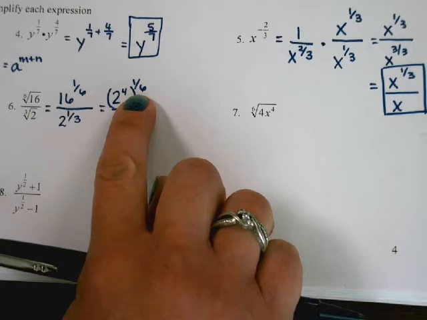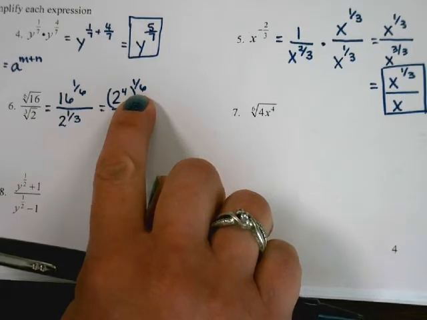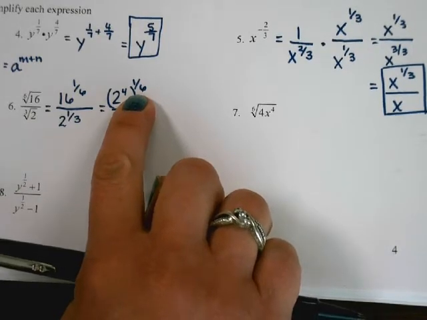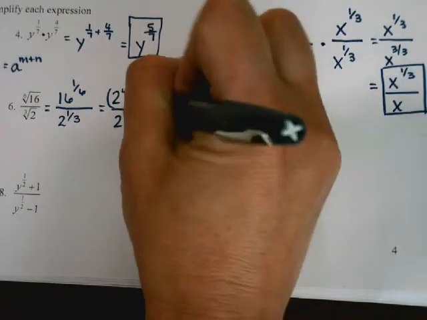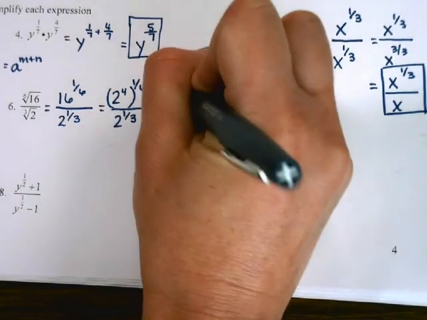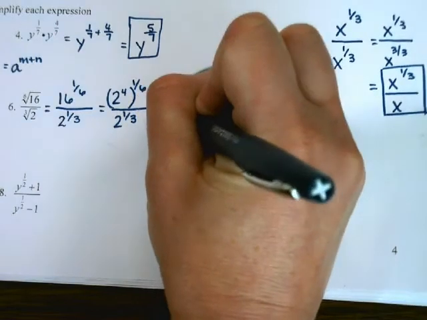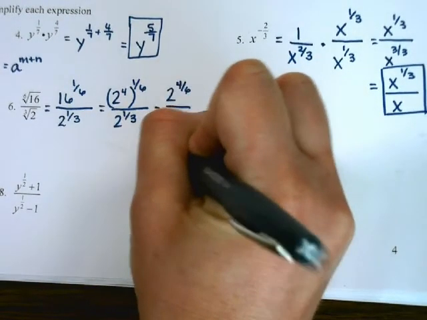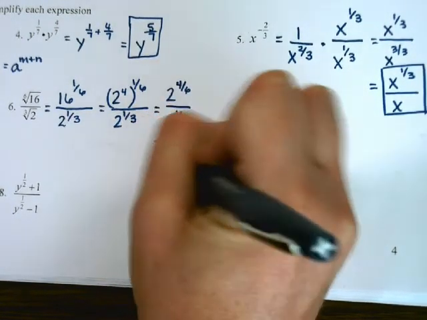4 times 1/6. Oh geez. Should we use our calculator? What'd you say? 4/6, right? That's fine. Does that guy reduce? Okay, so that guy is 2 to the 2/3 divided by 2 to the 1/3.